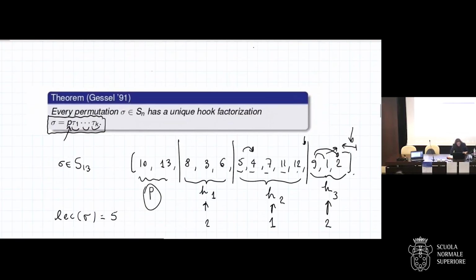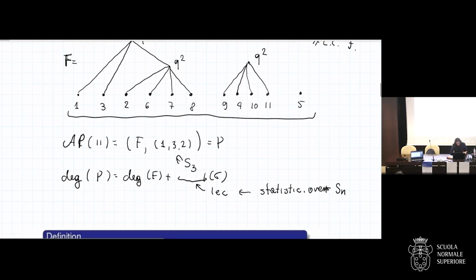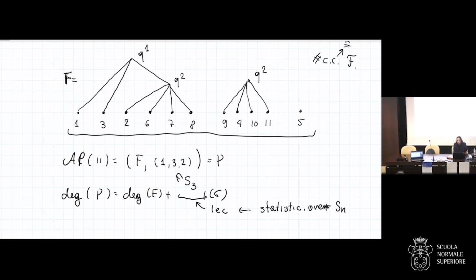So let me go back to our previous example, this first admissible pair. I was trying to compute the degree, but then I stopped because we didn't know how to grade this sigma. In this case, we can see that the hook decomposition of 1, 3, 2 is given by this hook and this prefix at the beginning.